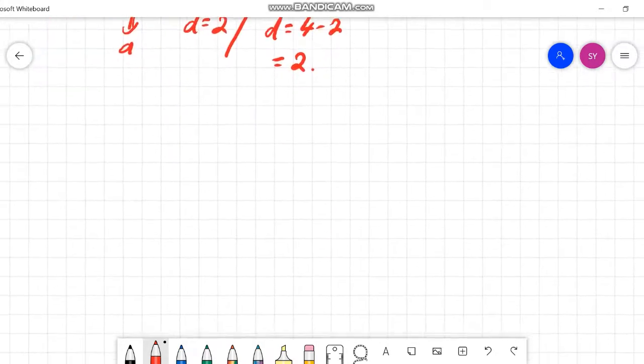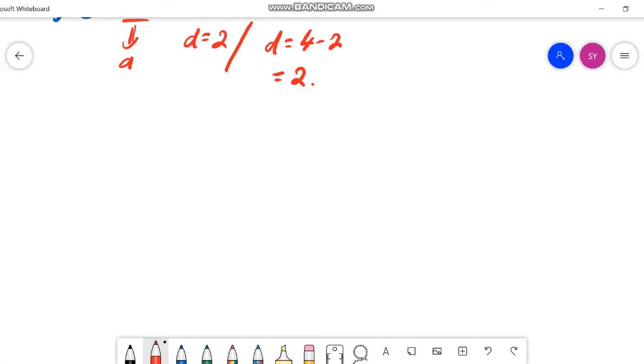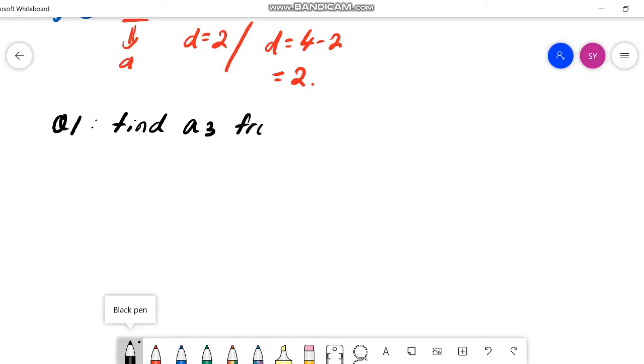Now let's work out a question. We have question 1. Find A3 from example 1.